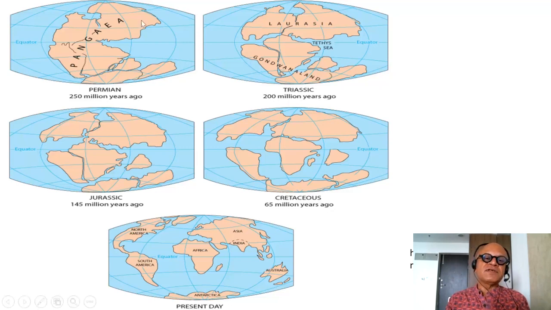Over time, obviously, the continents have moved, as you well know. There is Pangaea 250 million years ago. There is Laurasia and Gondwanaland 200 million years ago. Jurassic configuration, then by the Cretaceous, when the meteorite crash happened and dinosaurs went extinct, the modern continents were becoming visible, even though Australia is still down here.